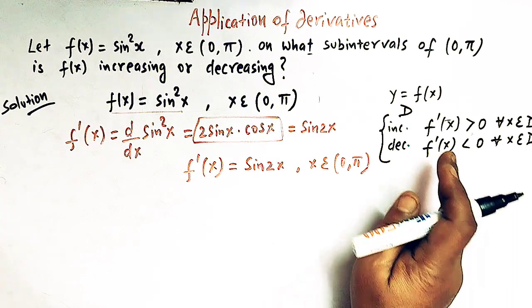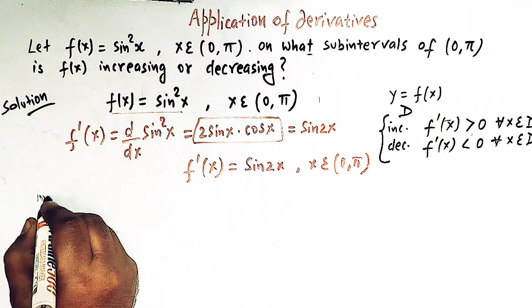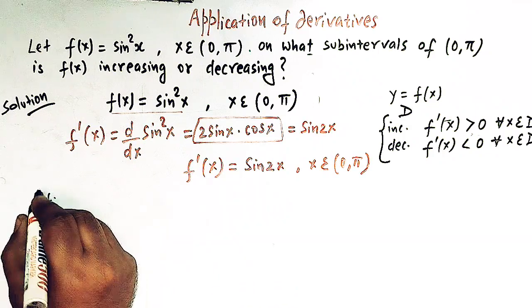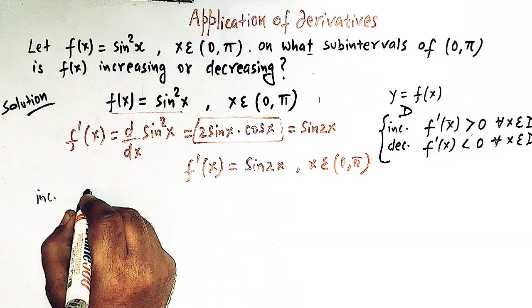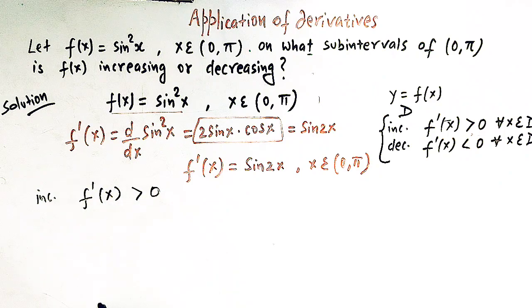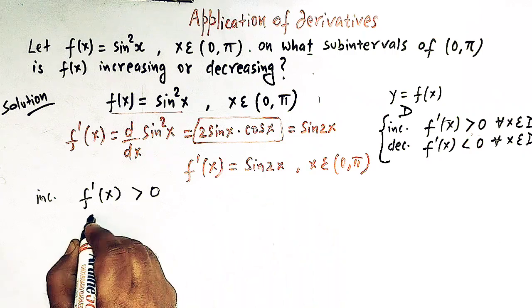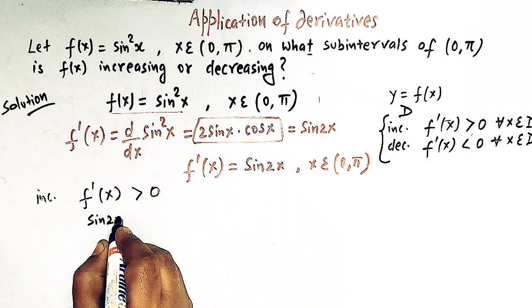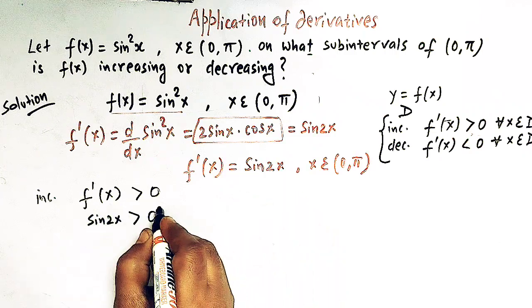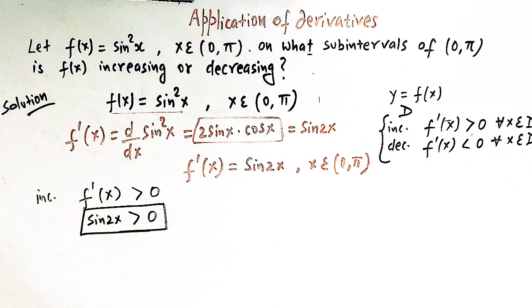So now the function f of x is said to be an increasing function if the derivative, that is f prime of x, is greater than 0. So f prime of x is equal to sine 2x, so we have sine 2x greater than 0. So now we have this trigonometric inequality.